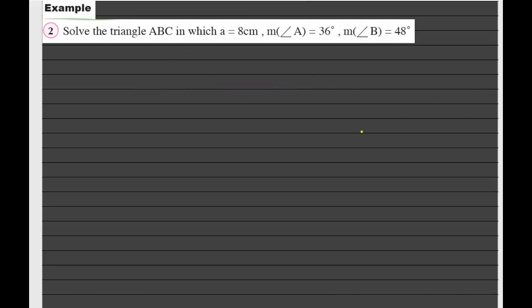Now I'll draw it here. I'll draw any triangle. Here we know the measure of angle A is 36 degrees and the measure of angle B equals 48 degrees, in triangle ABC, and A equals 8 centimeters.